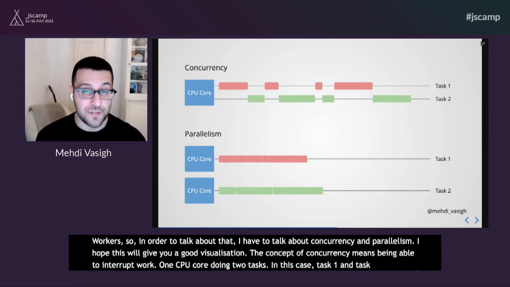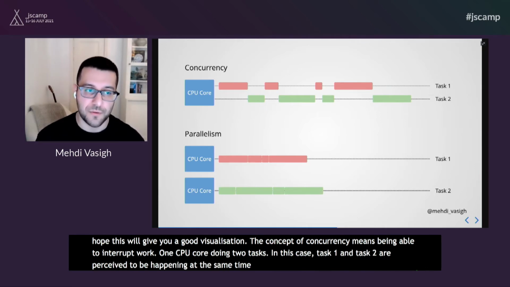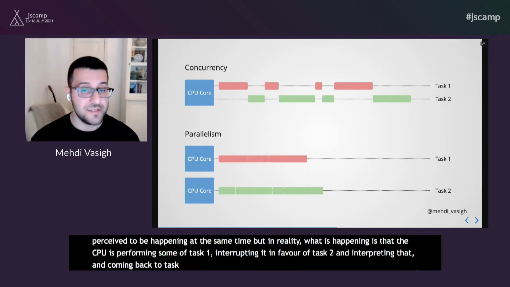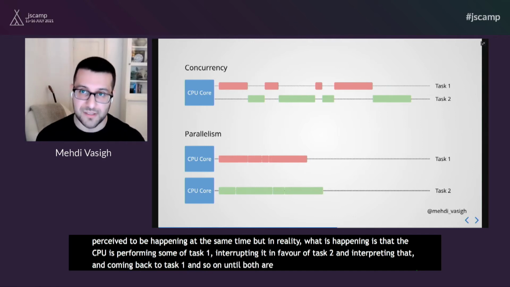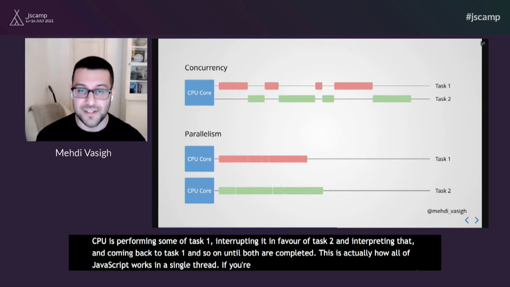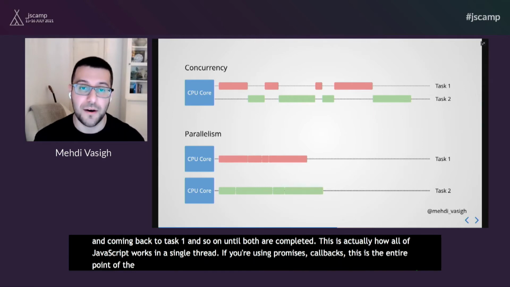But in reality, what's happening is that the CPU is performing some of task 1, interrupting it in favor of task 2, and then interrupting that and coming back to task 1, and so on and so forth until both of them are completed. This is actually how all of JavaScript works in a single thread. So if you're using promises or timeouts or callbacks, this is the entire point of the JavaScript event loop, and this is how concurrency is handled in JavaScript.